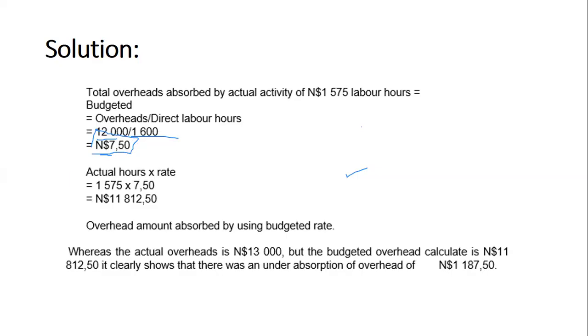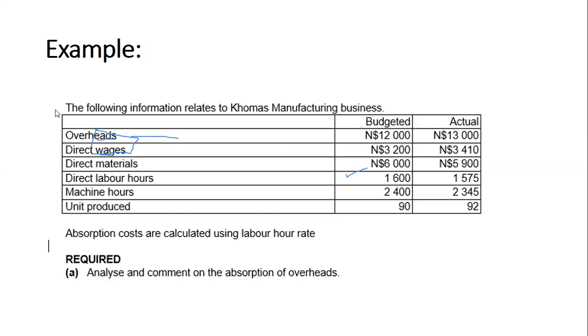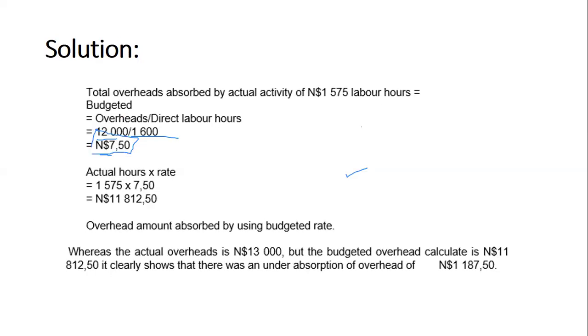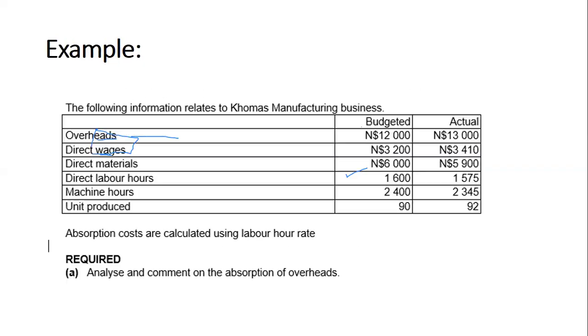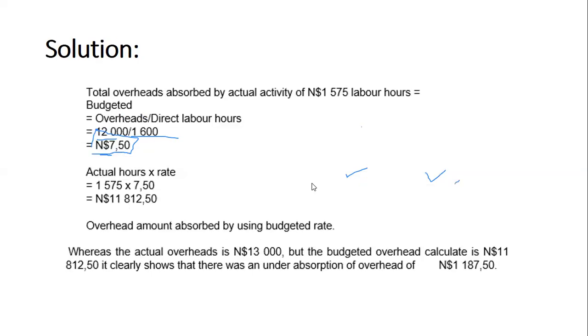Okay. Now, if we look at the question given here, we're given that the actual direct labor hours is 1,575. So that means you must take the 1,575 and then multiply it by the rate.